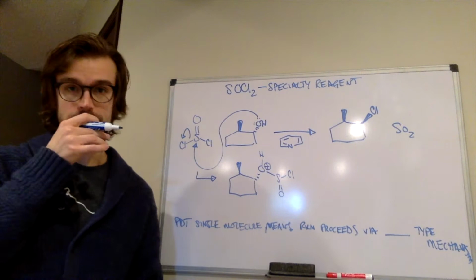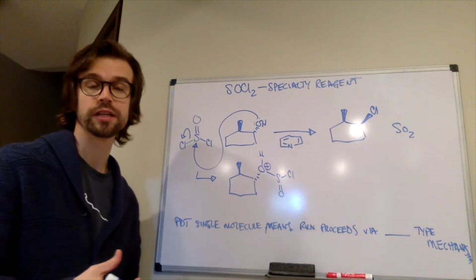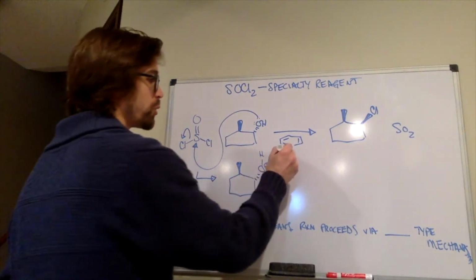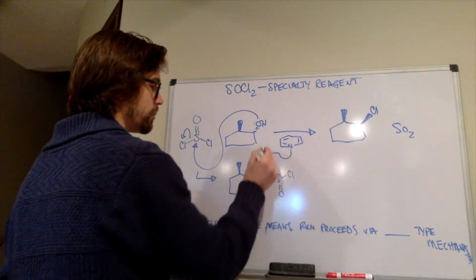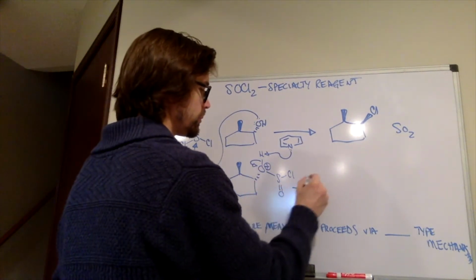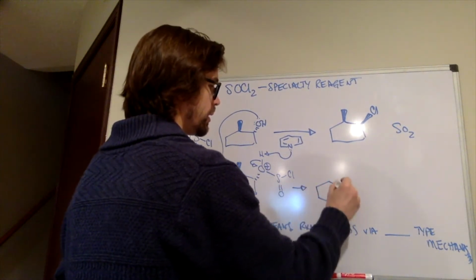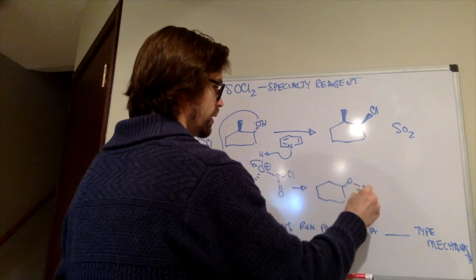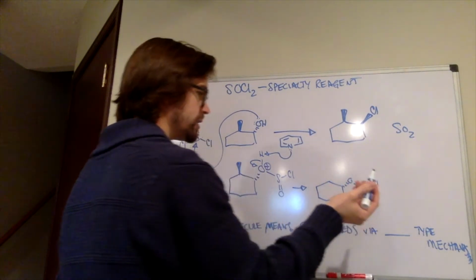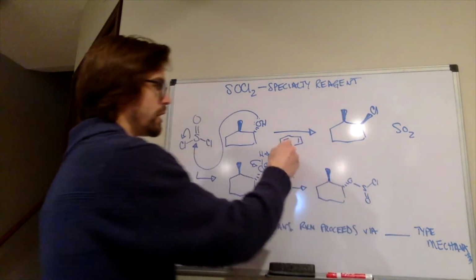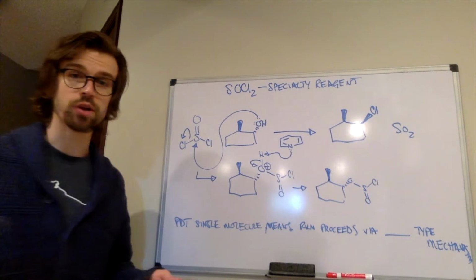At this point, we have one equivalent of pyridine. When we were using POCl3, we were using excess pyridine. With one equivalent of pyridine, that pyridine is going to act as a base. It's going to deprotonate that alcohol, and that would leave us with that species there, essentially the ammonium salt of that nitrogen.